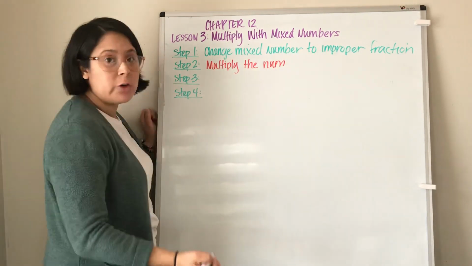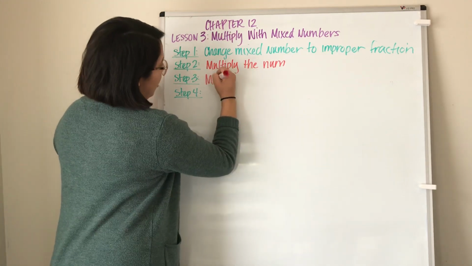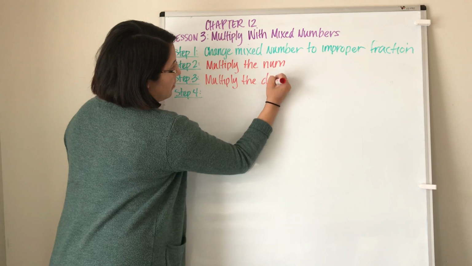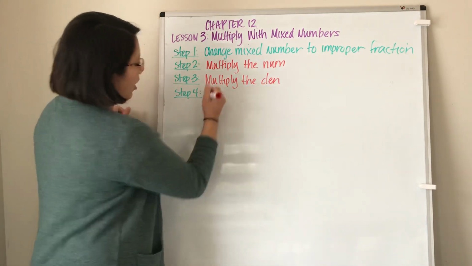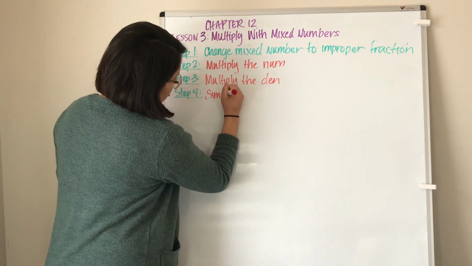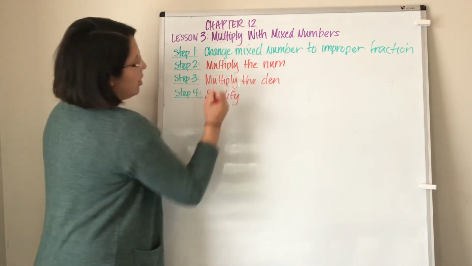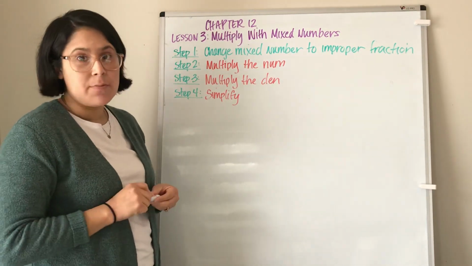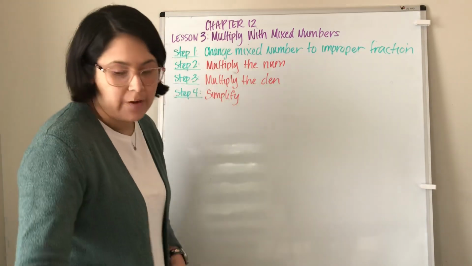I'm going to put num for numerator. Multiply the denominator, den for denominator, and then simplify. So the only thing that we're changing here is we're adding that top one that says to change the mixed number to an improper fraction.